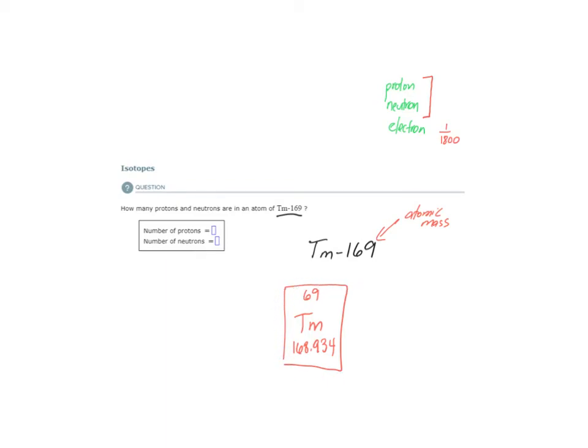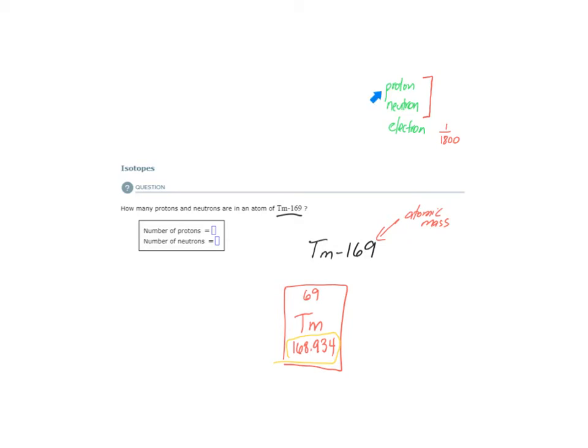Why is this value a decimal? Why do we call it the average atomic mass? The reason is this idea of isotopes. There are atoms of thulium that have different atomic masses.